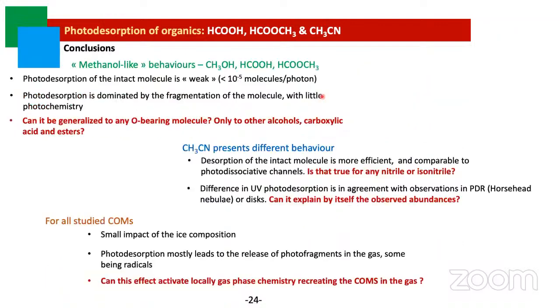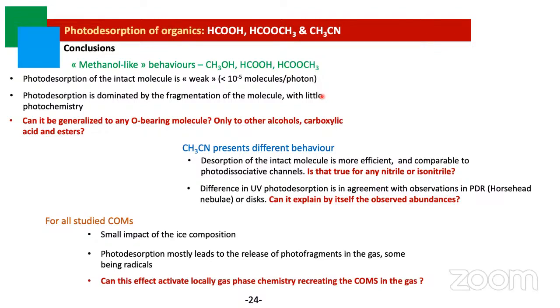So to conclude on the case of the organics, there seem to be different families of molecules. Some molecules are behaving like methanol, so that's the methanol-like family. Desorption of the intact molecule is really low. Fragmentation dominates a lot. But in the case of CH3CN, it's not the same. Desorption of the intact molecule is also efficient and compares very well to the desorption of fragments.